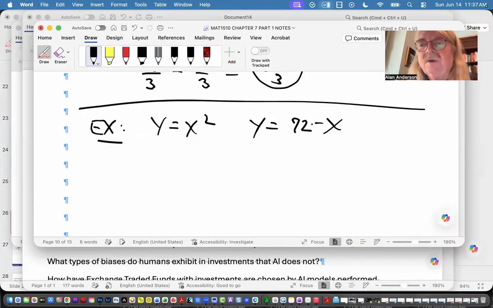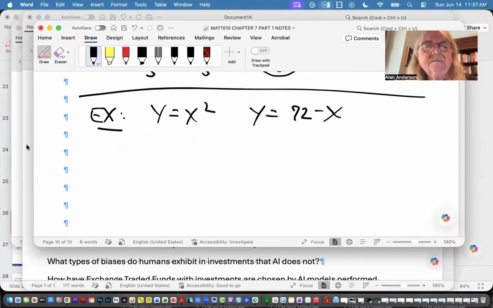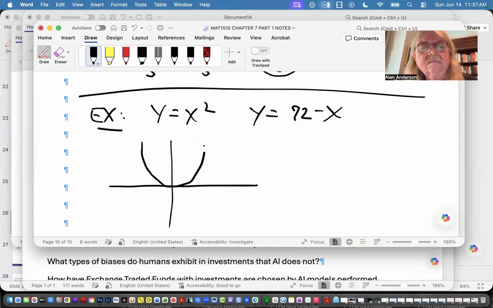Now, of course, one is a parabola, one is a straight line. So there'll be 2 points where they cross.